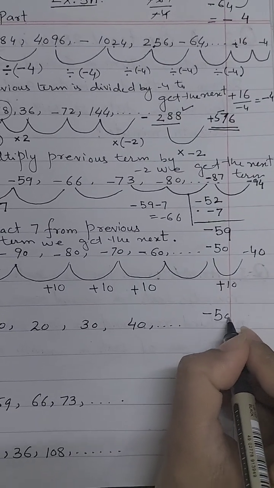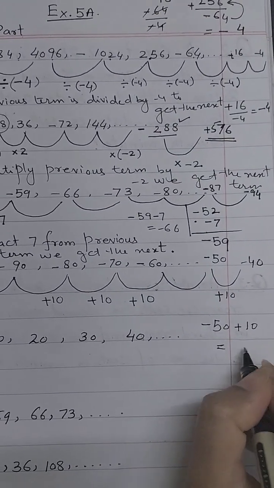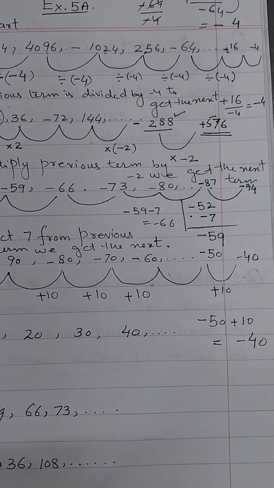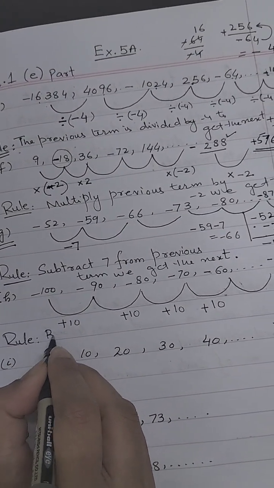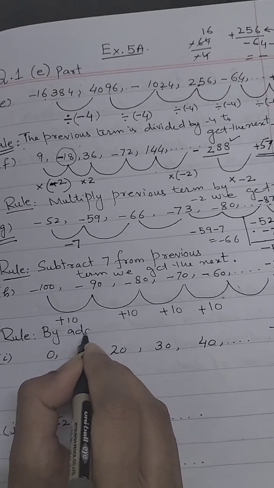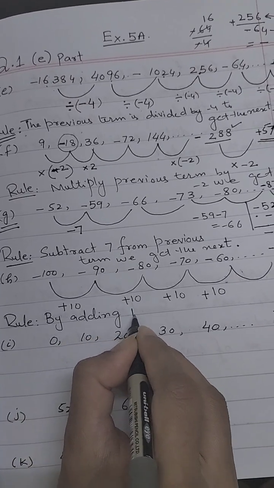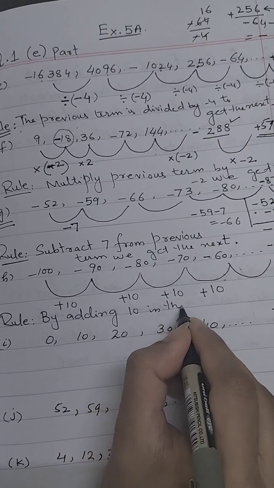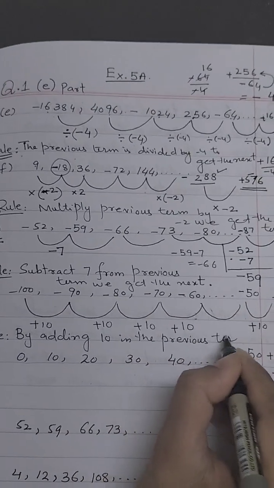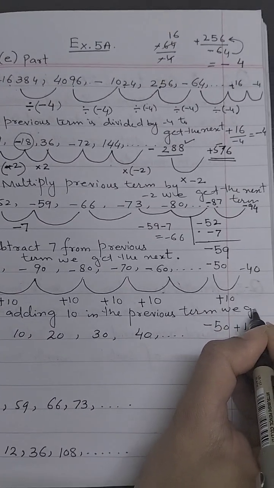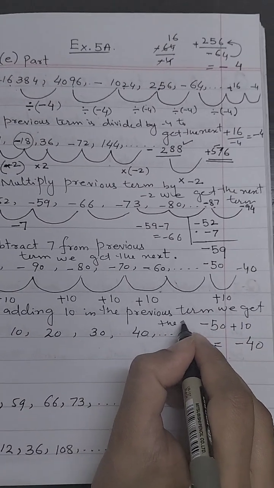Like minus 50 plus 10 gives you minus 40. And the rule will be: by adding 10 in the previous term, we get the next term.